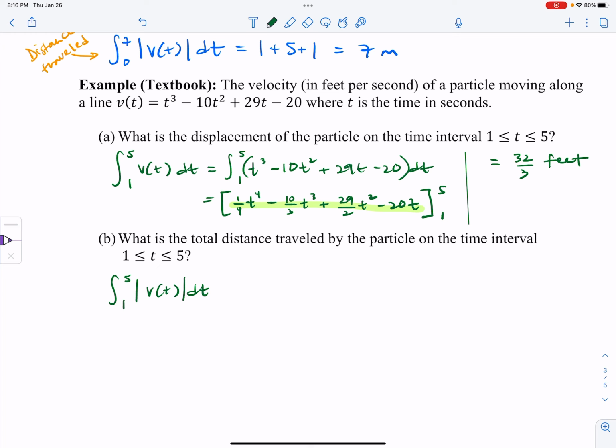But if this were not a calculator active problem for some reason, what you could do is you could figure out on what intervals the function is positive and just integrate those, and then also on what intervals the function is negative, so that you can take the opposite of those integrals and then add those integrals up, because we have to integrate from 1 to 5.